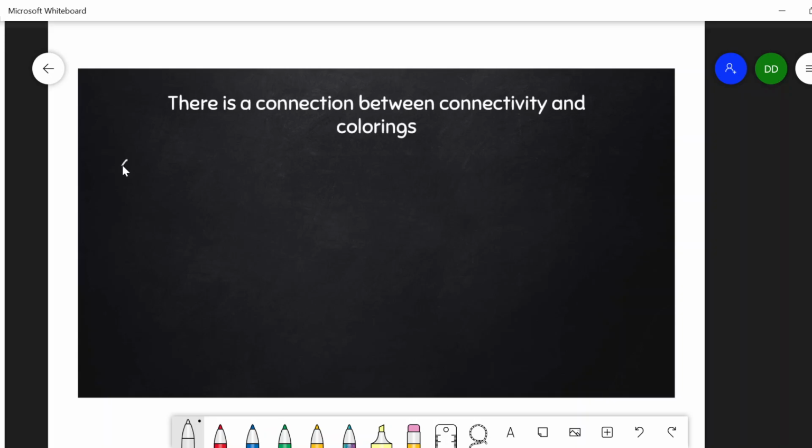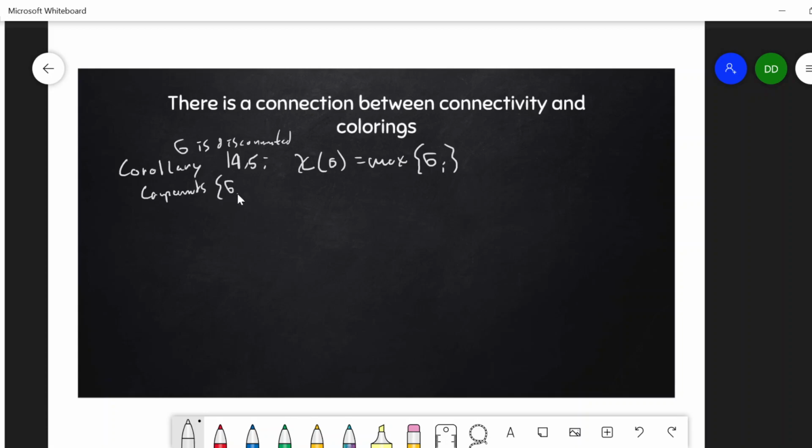So remember, corollary 14.5 said that the chromatic number of a disconnected graph G is the max of the chromatic numbers of the connected components, where the G sub i are the components of the graph.